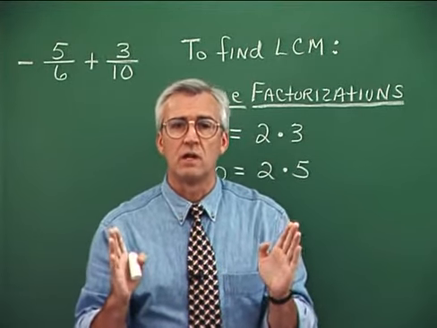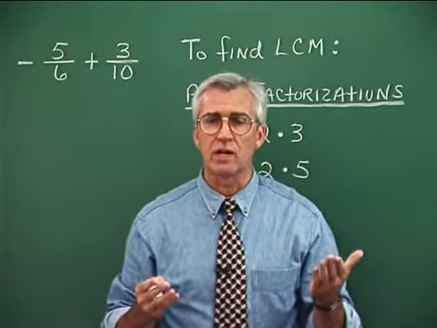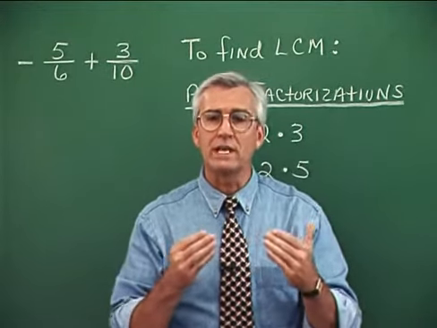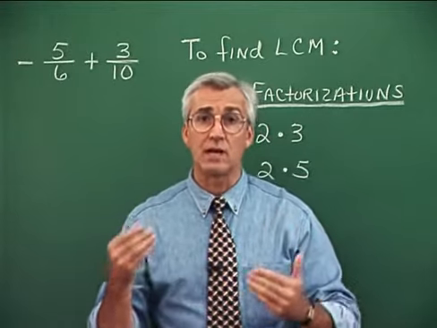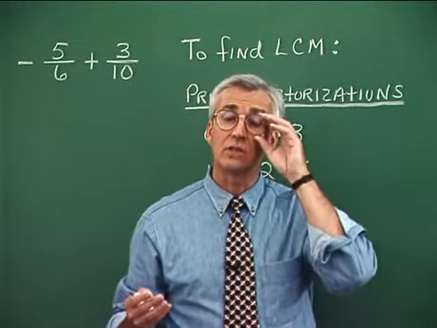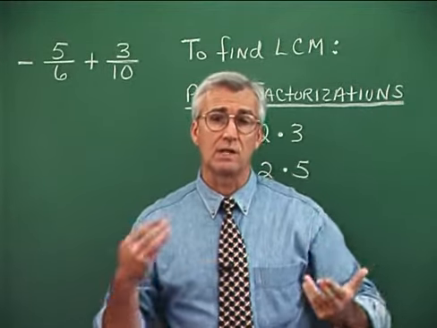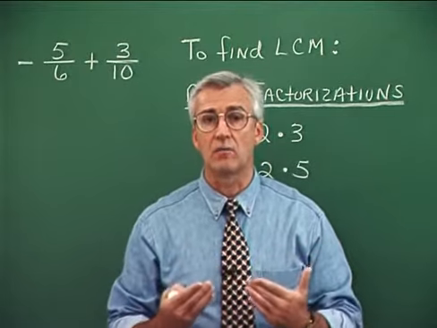They have no other factors other than 1 and itself. 7, for example, is prime. It can't be written in any other way as a product other than 1 times 7. Now, 6, on the other hand, is not prime because 6 can be written not only as 1 times 6, but also as 2 times 3. So 6 is not a prime number.